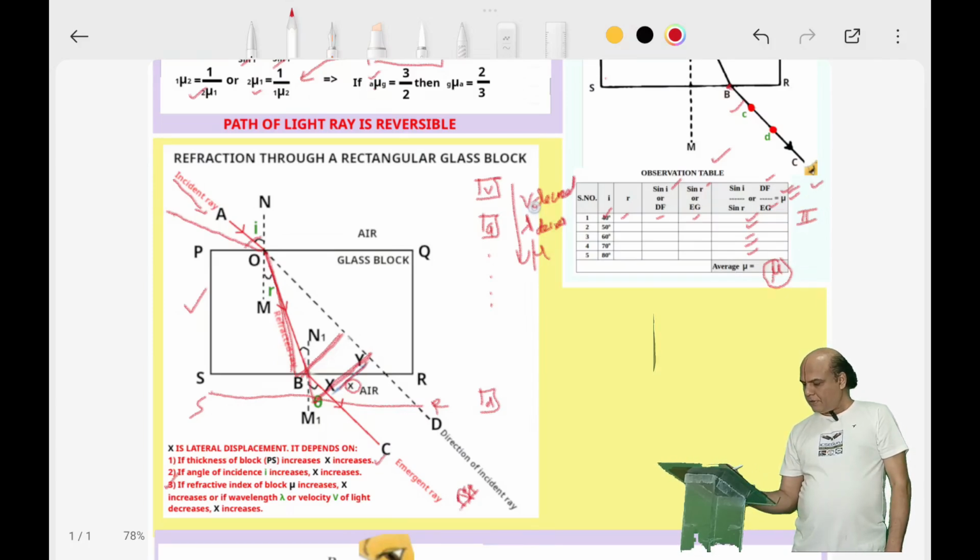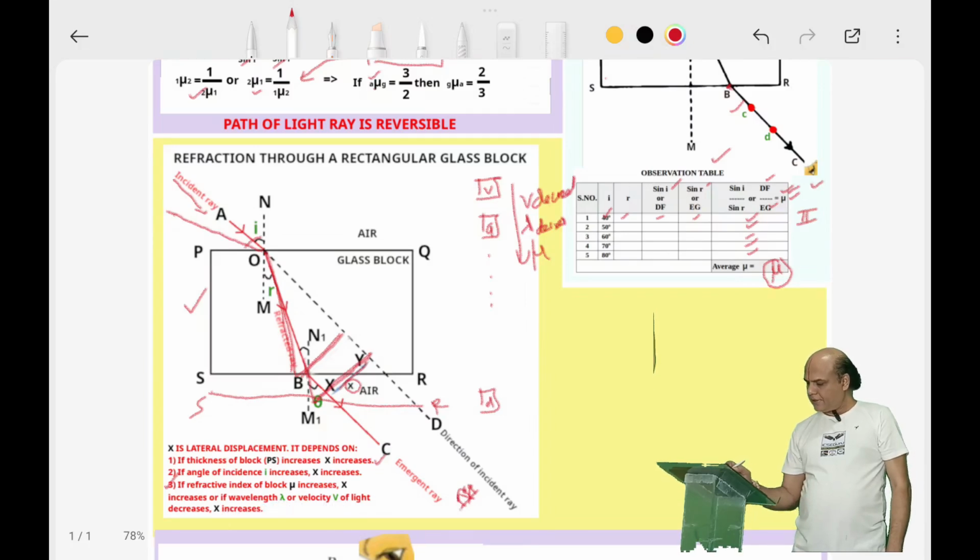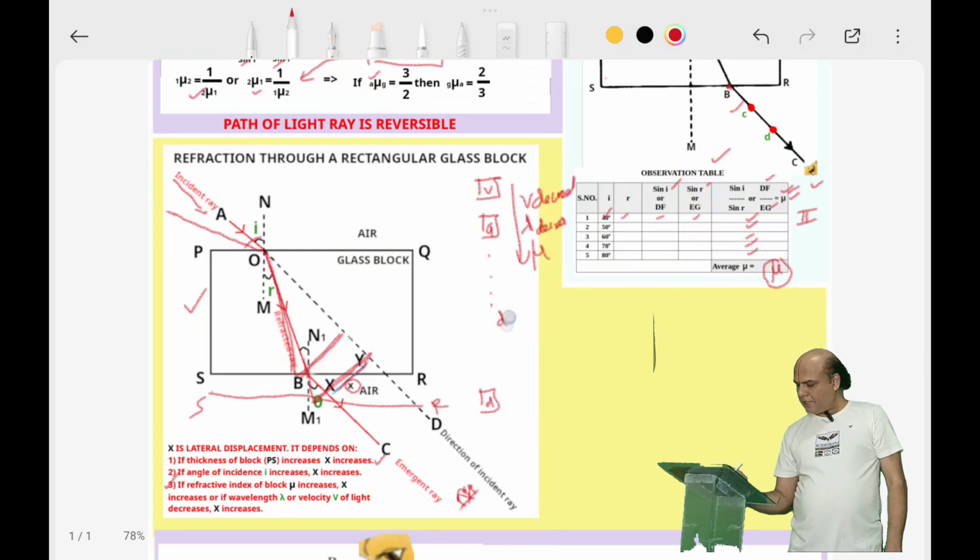Can you see here? If the wavelength and velocity of light decrease, x increases. So as we move down, lateral displacement increases.